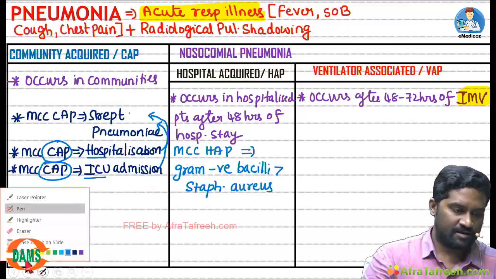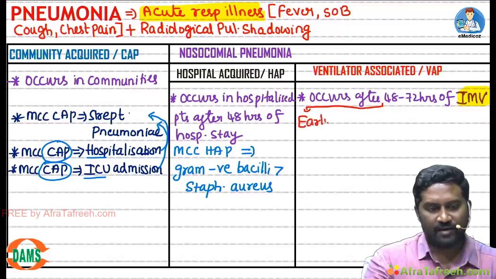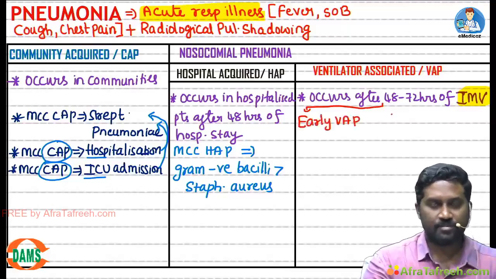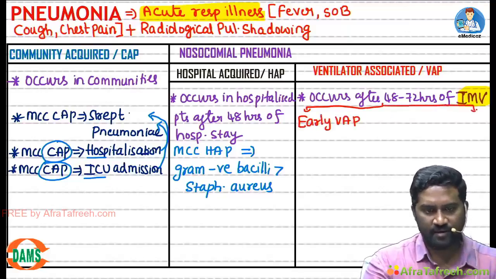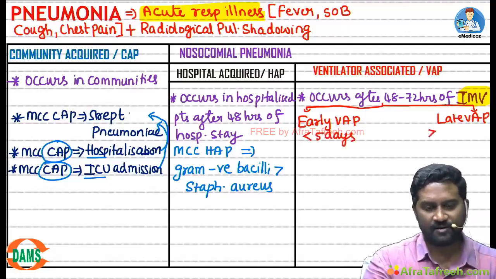Ventilator associated pneumonia is classified into two forms: early VAP and late VAP. Early VAP means it happens within 5 days of invasive mechanical ventilation.